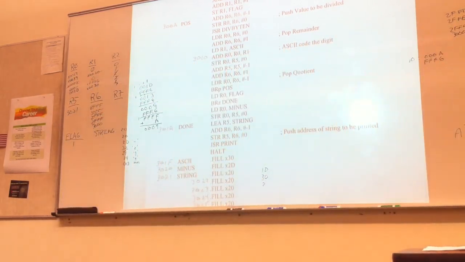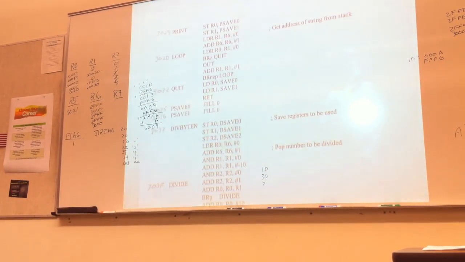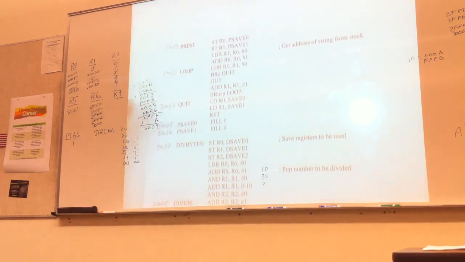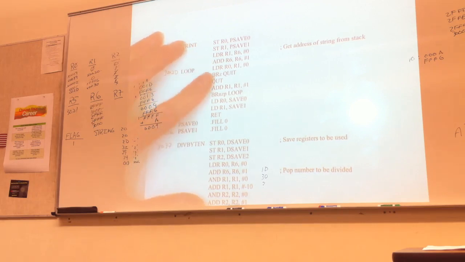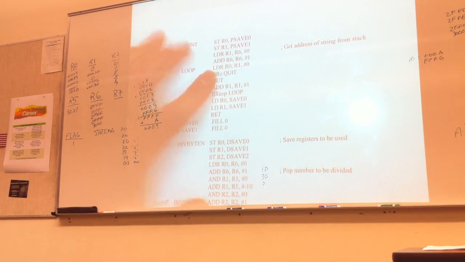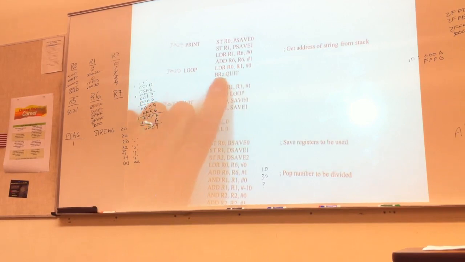it's actually pretty short. Again, I save a couple of registers just to be sure that they don't get messed up. I pop the stack to get the address, the starting address of the string I'm supposed to print out. And then I load a character into register 0 using that address. If it's a 0 byte, that null character at the end, I'm going to jump out and I'm done.